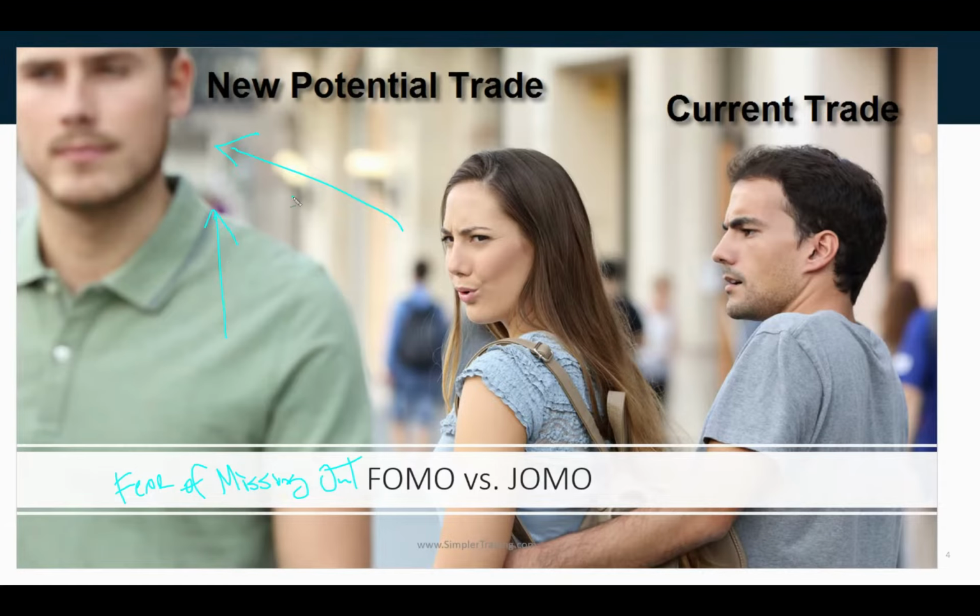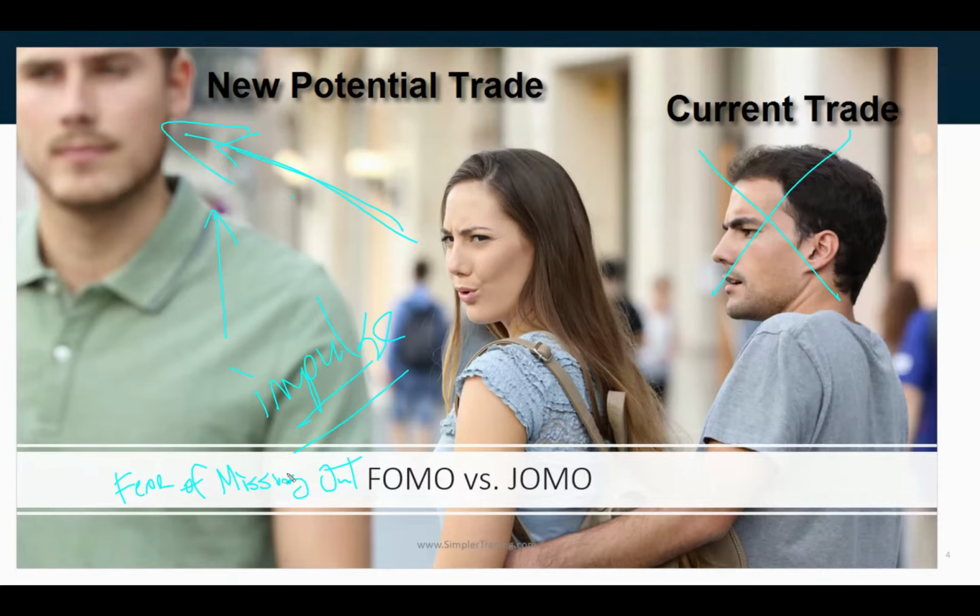It's like, man, I want to be in that action. So you get out of your current trade, which is doing fine because it's kind of boring, and you go over here due to FOMO. That's called an impulse trade, and impulse trades will ultimately wipe you out. You make some money, you lose some money, but ultimately that is a highly emotionally charged trade, and highly emotionally charged trades do not work out.